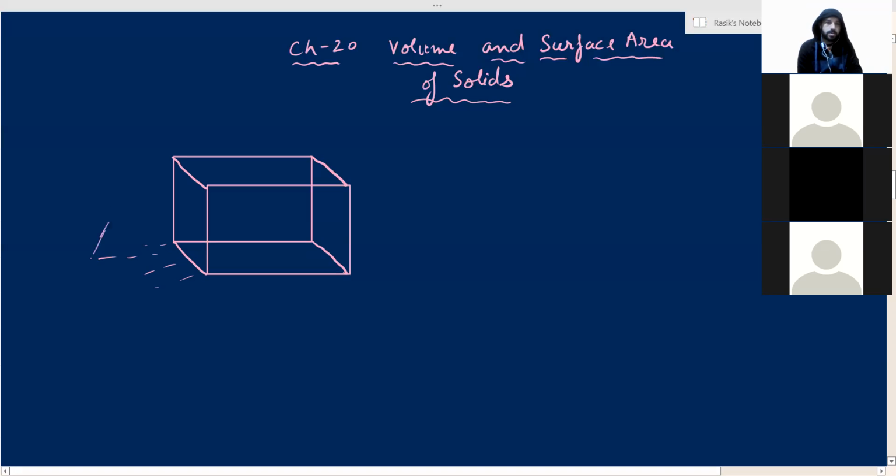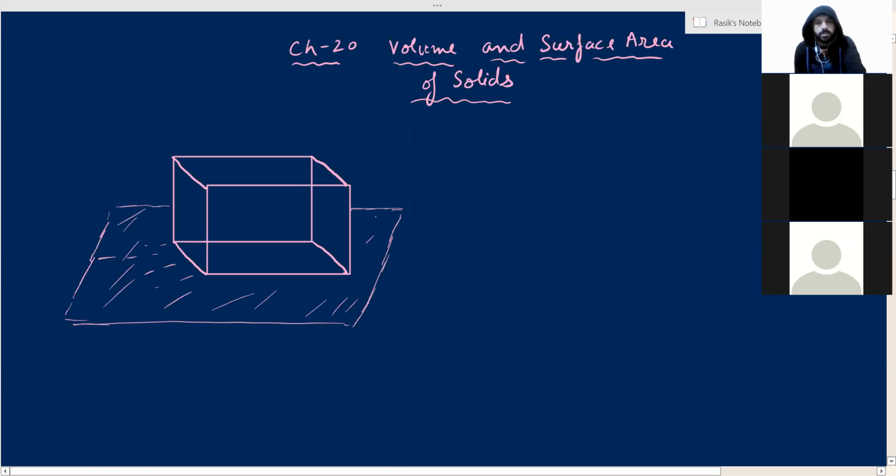So this table is a plane surface. This cuboid is covering some part of this table because of the bottom base surface of the cuboid.